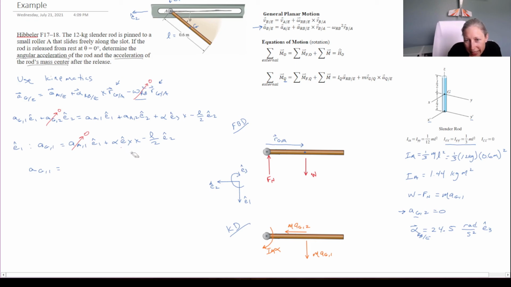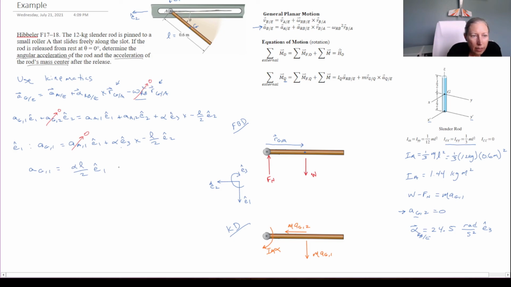I wrote E X and I did not mean to write E X. I meant to write alpha E3. Sorry about that. So now we have E3 cross negative E2. That's going to give us a positive E1. So this is going to be alpha L over 2 in the E1 direction.